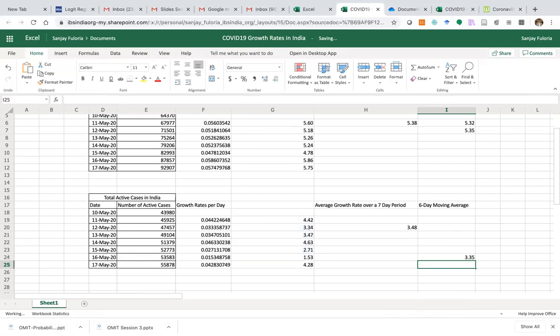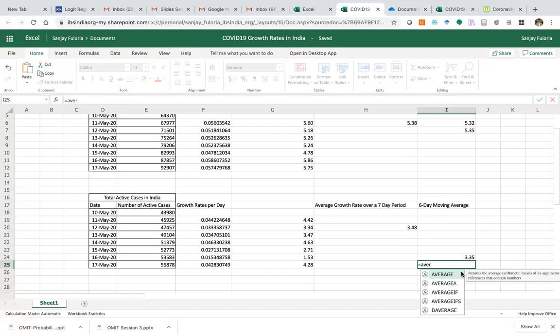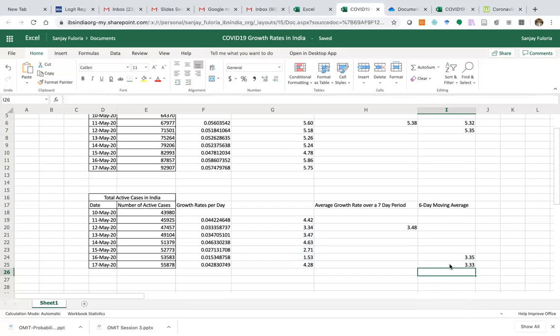This is the moving average, 3.35%, moving average of the growth rate, right? Now the moving average for 17th May would be, you would leave out the data for 11th May. You will start from 12th May and finish on 17th May. So now this is 3.33%.